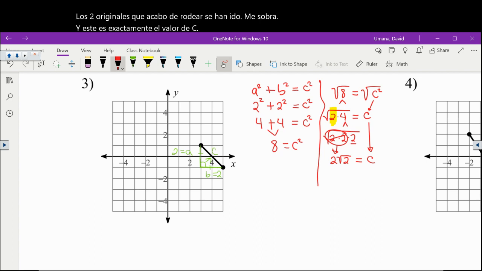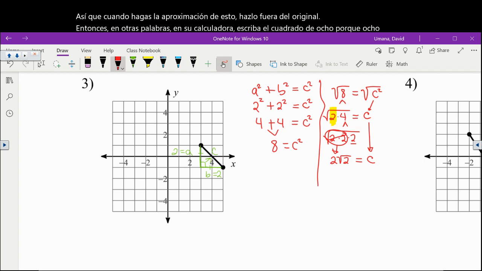I have a suggestion for the approximation. You could do the approximation of this number, but it takes extra steps. So when you do the approximation of this, do it off of the original. So in other words, on your calculator, type in the square root of 8, because 8 here is the same as this answer.